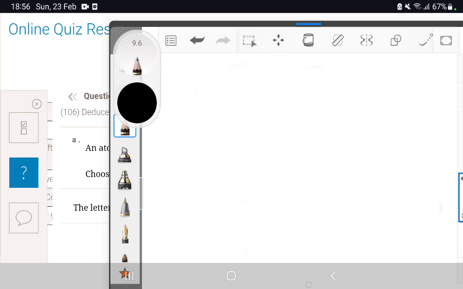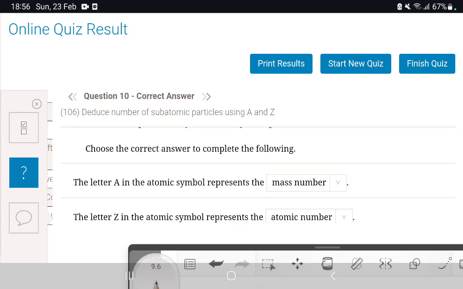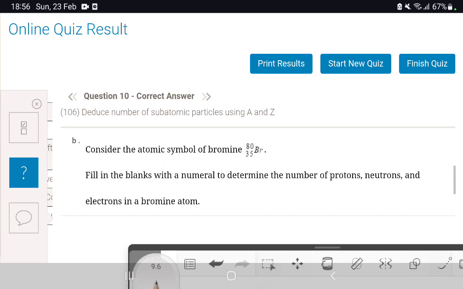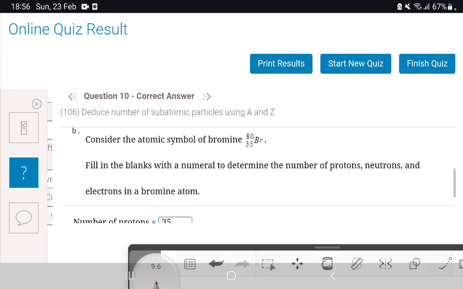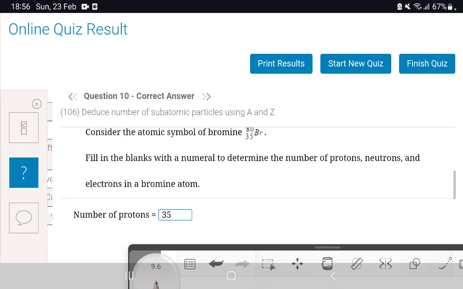Anyways, so here we know that the letter A is the mass number, which is the protons and neutrons. Letter Z is the atomic number. Okay. Consider the following symbol for bromine. Fill in the blanks with the numeral to determine the number of protons, neutrons, and electrons.